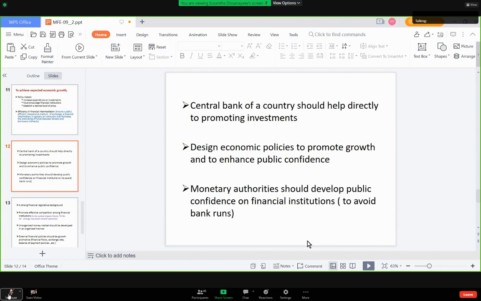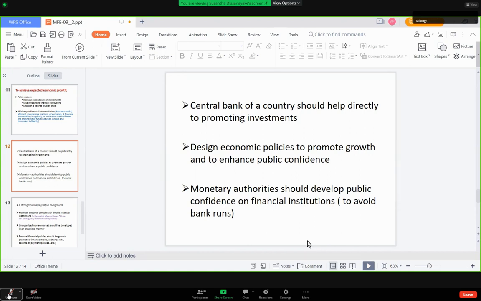When you are making policies, all the policy needs to be from a growth perspective. As we discussed previously, the central bank, policymakers or the government need to establish public confidence, or else things end up with a bank run.